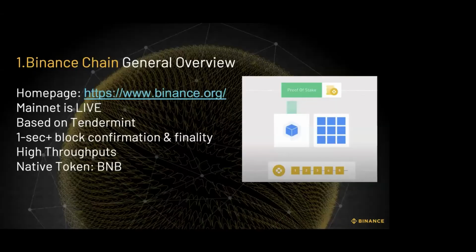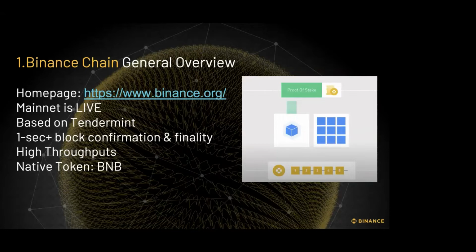So let me give you a general introduction to Binance Chain. First of all, it's blockchain software developed by Binance, the company, with a lot of contribution from the community. Binance Chain is trying to achieve a version of a decentralized exchange, that is DEX, for digital assets.